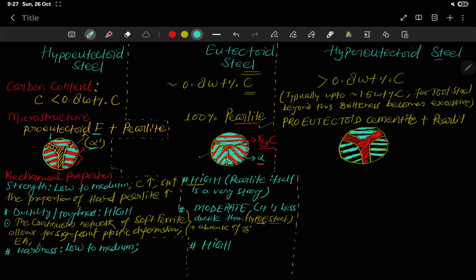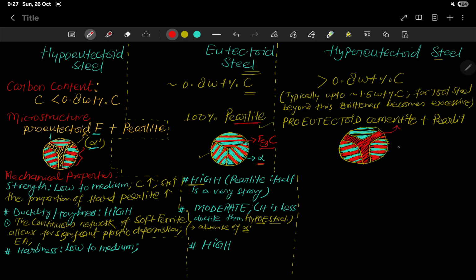This magenta color I am denoting for alpha ferrite, and this will be for cementite. Cementite is a very hard phase.